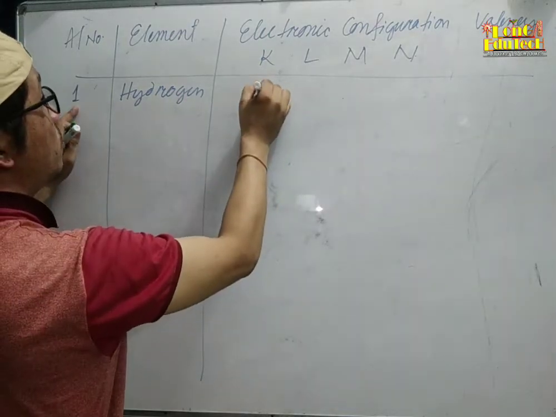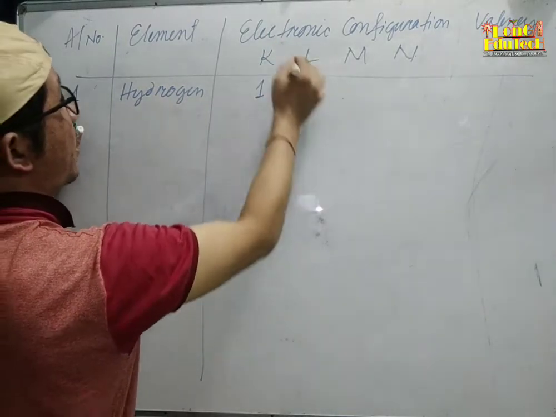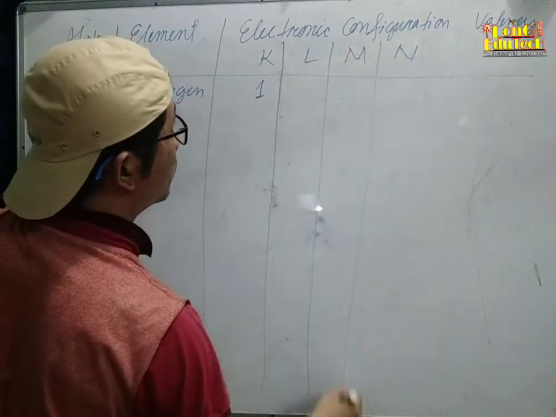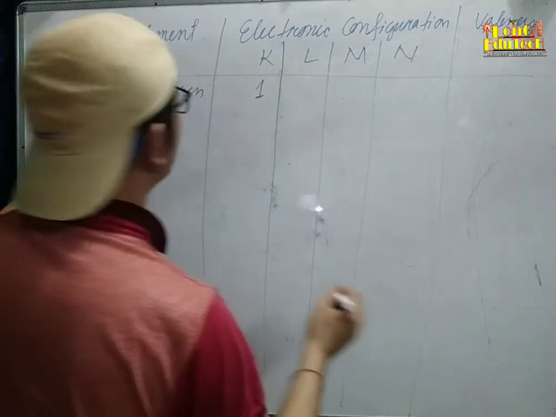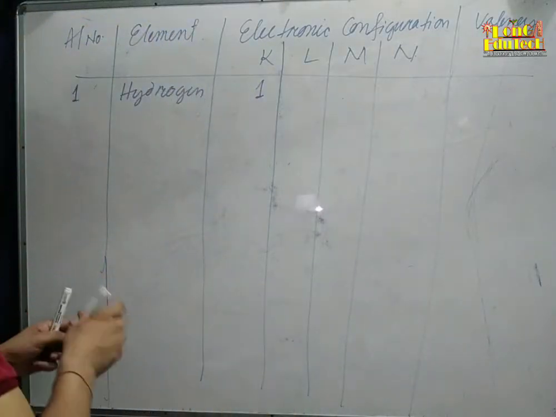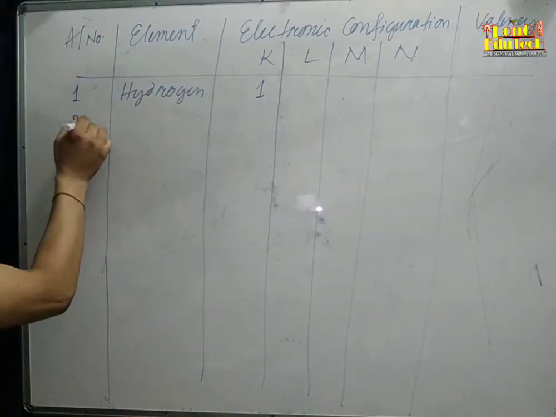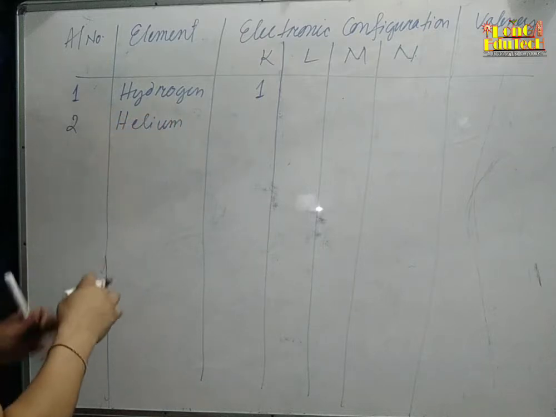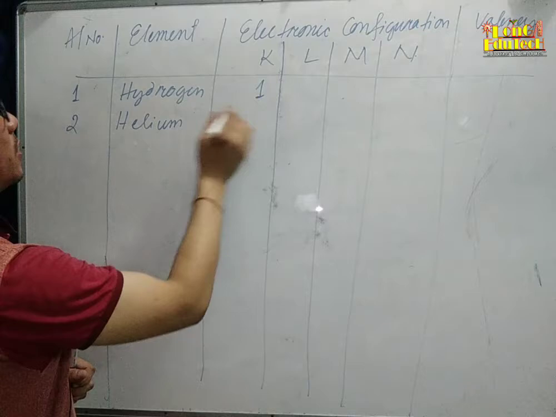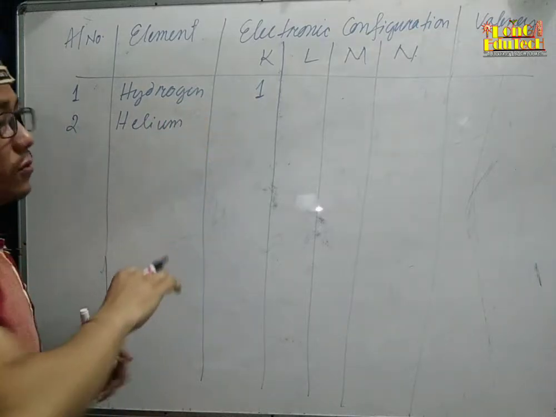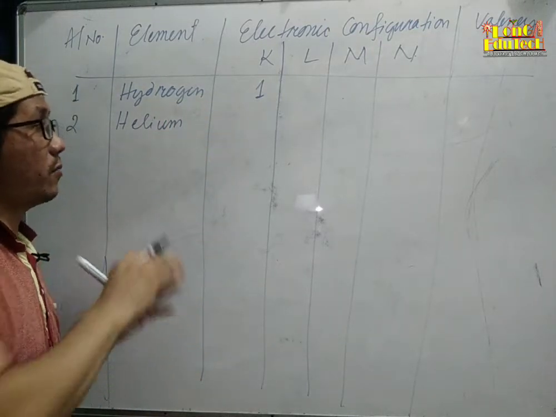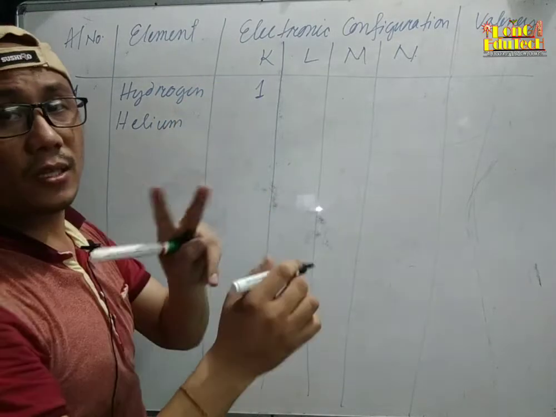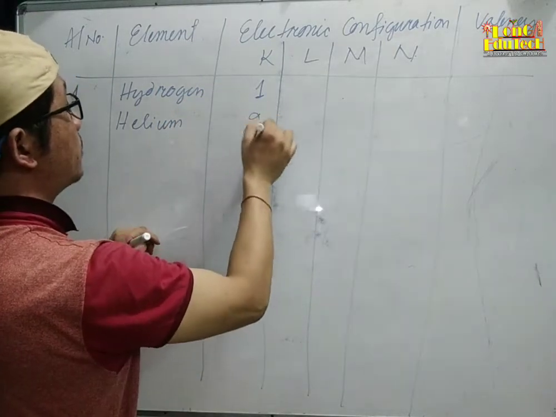So it will be distributed to the first shell, that is K, not L and M. Second one is helium. I write helium, its symbol is He only. Next I will write directly the symbols. So it has 2. Maximum K can get 2. So it is already given here.